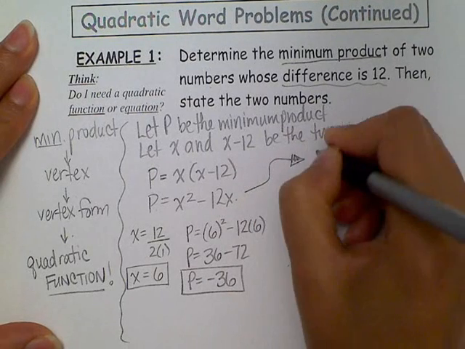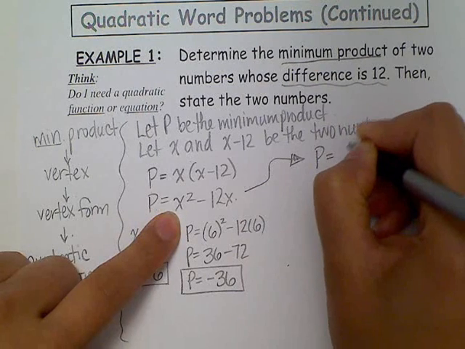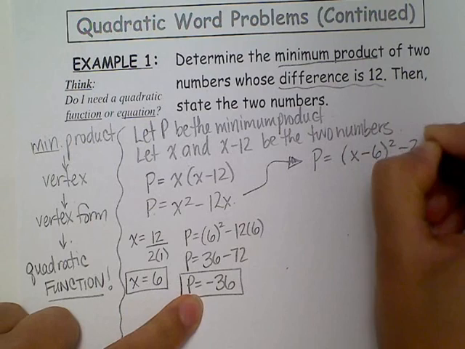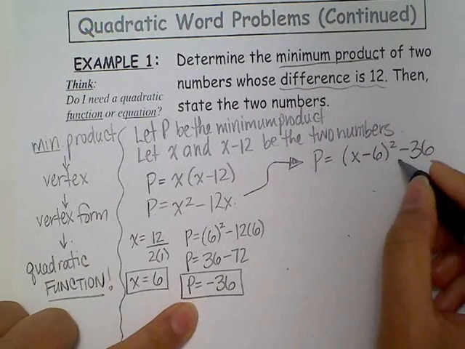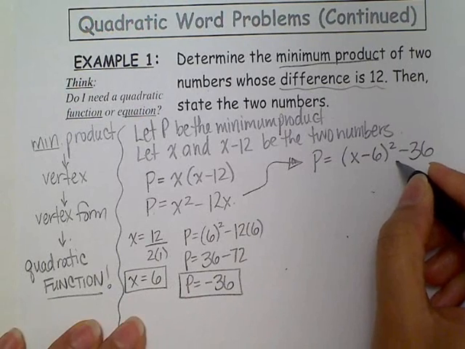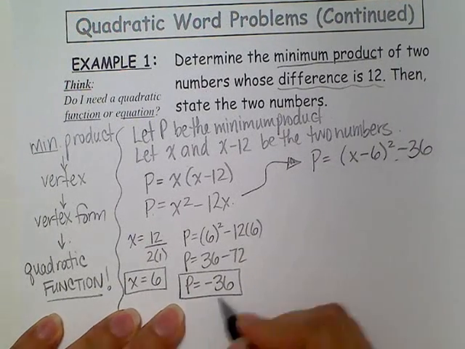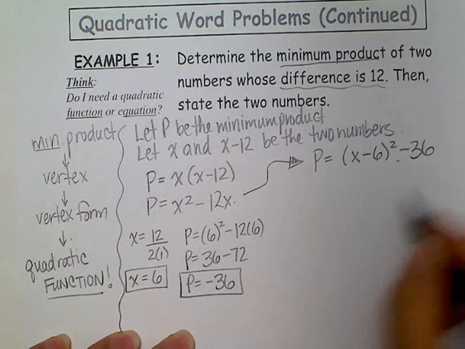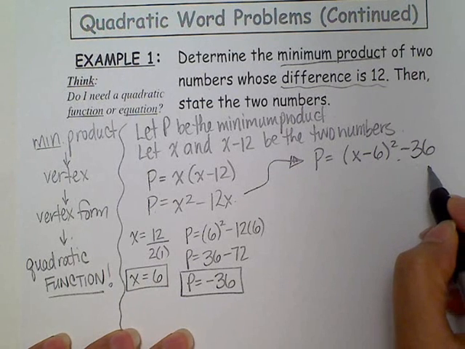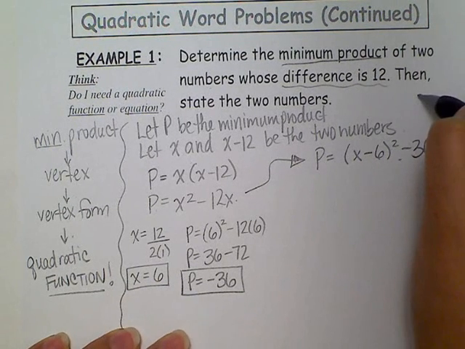I can actually rewrite this function in vertex form to get P equals, coefficient here is just 1, so I have x minus 6 squared minus 36. So that's the exact same thing in vertex form. If you completed the square, you would have seen that as well. Okay, so what this tells me is that the minimum product is negative 36. We found out using the shortcut, and you can see that as well looking at the equation in vertex form. So that answers the first question.